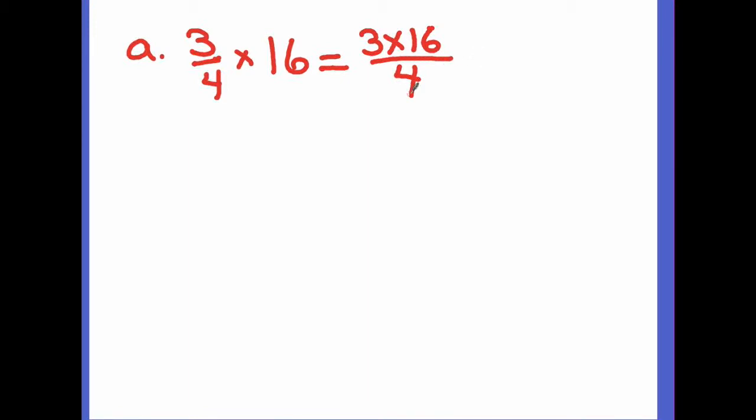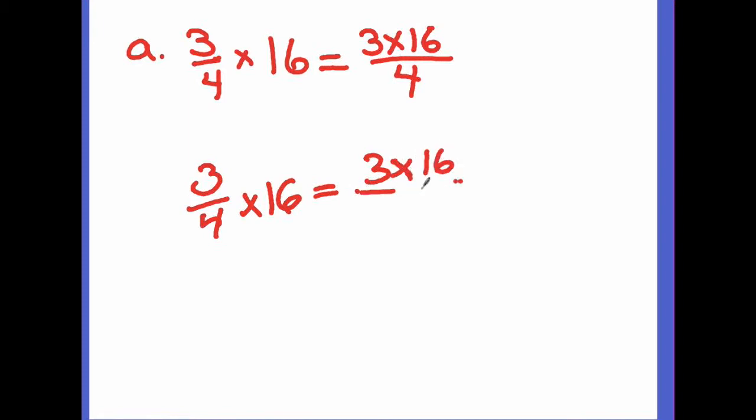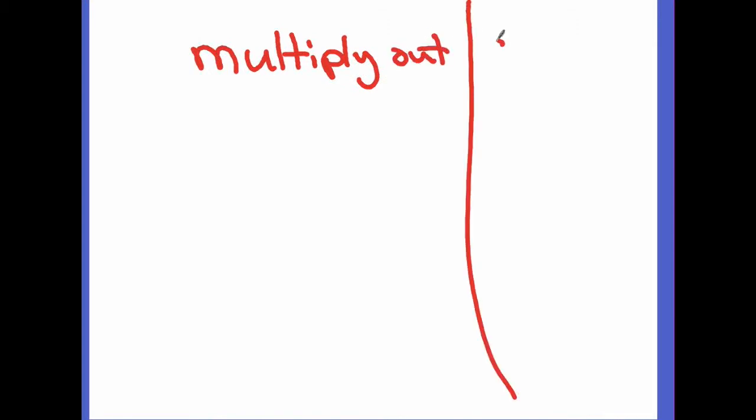And then on the second part, you'll do the same exact thing, but you're going to cancel. So the first column, you're going to have to multiply it out. And then the second column, you can cancel. Not the problems, but the numbers that go into each other.